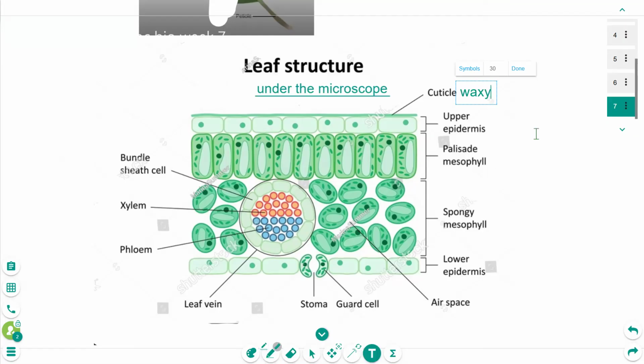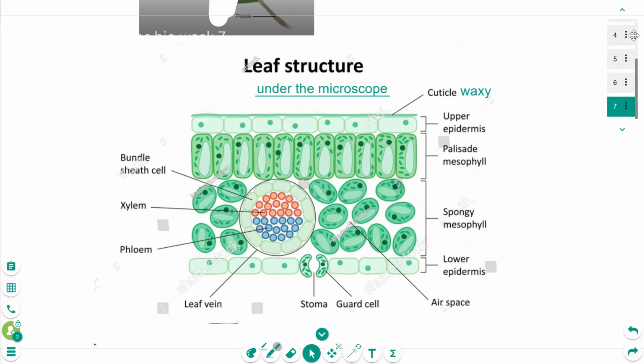Beneath that, we have a layer of cells running horizontally, and those cells are from the upper epidermis. Beneath the upper epidermis cells, we have another layer of cells, stacked vertically, known as the palisade mesophyll cells. These cells have a lot of chloroplasts in them.